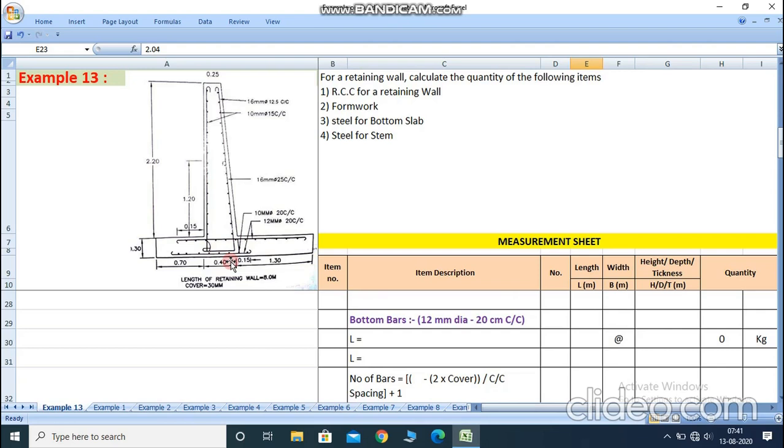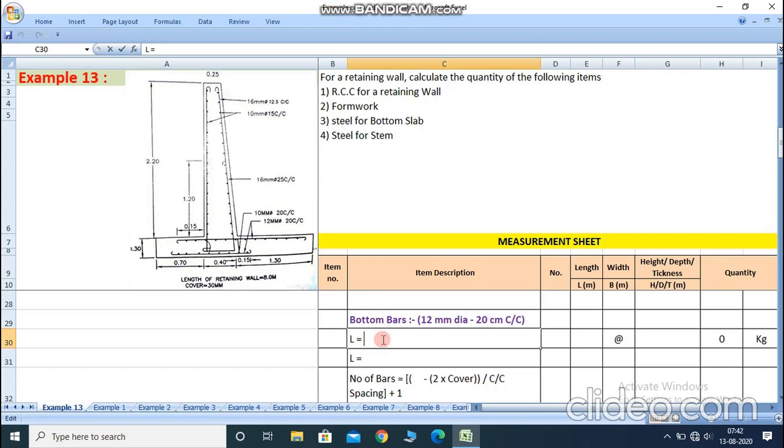In the bottom portion bar, the diameter is 12 mm and the center to center distance is 20 centimeter. The length of the bottom bar is the summation of 0.15 plus 0.4 plus 0.7, and one side cover distance is subtracted from the summation, and 2 hooks are provided, so we included 2 hooks.